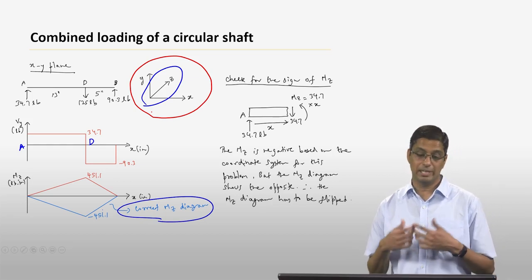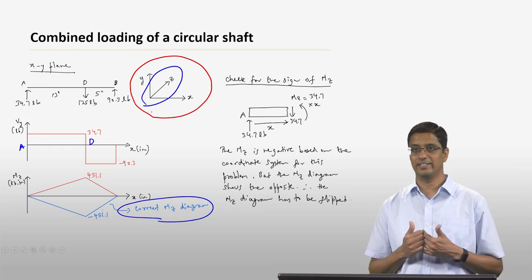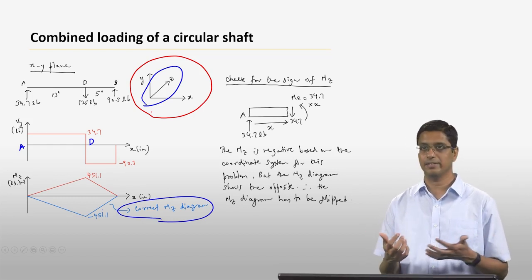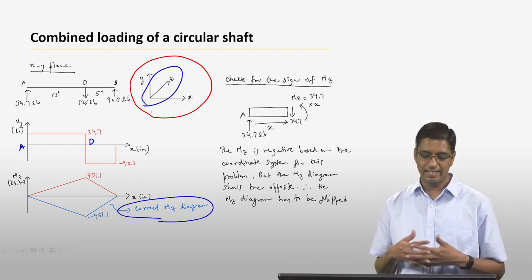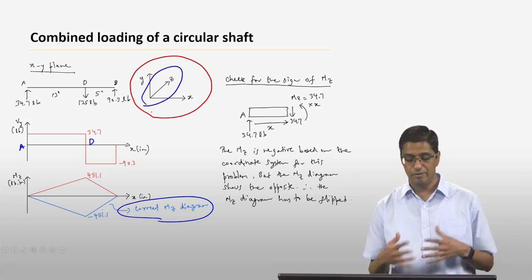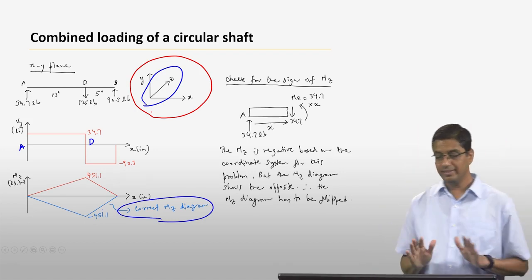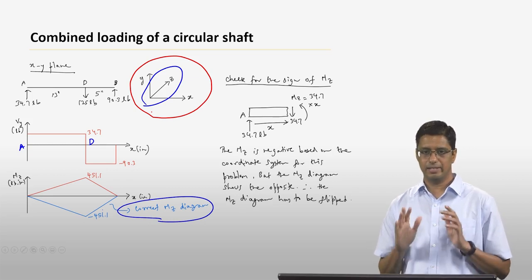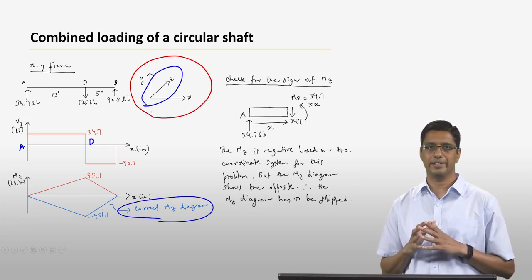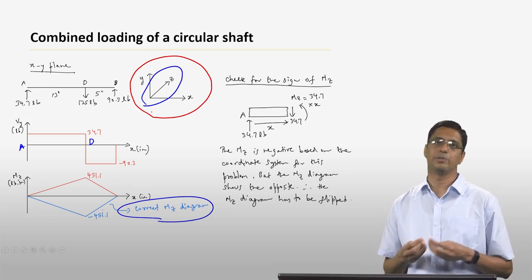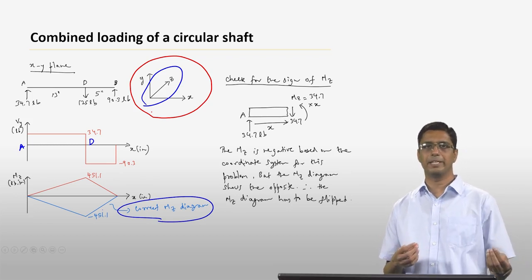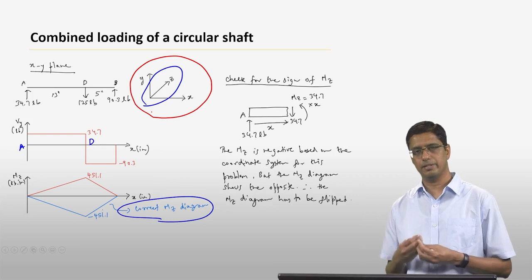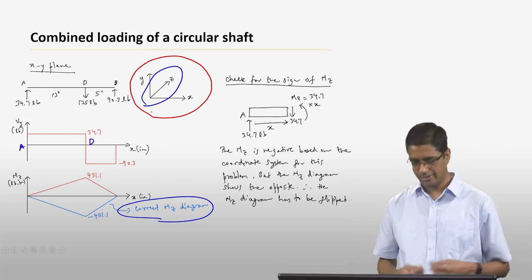So it is more like a z-y-x coordinate system rather than an x-y-z coordinate system, and that is the reason why you have to flip the sign here. We are doing this because once we are consistent with the coordinate system given here, it's very easy to figure out which points are going to be in compression and which points are going to be in tension at any given cross section.